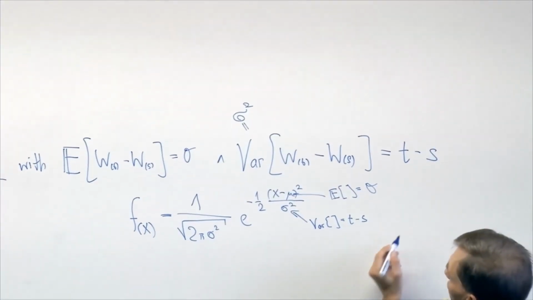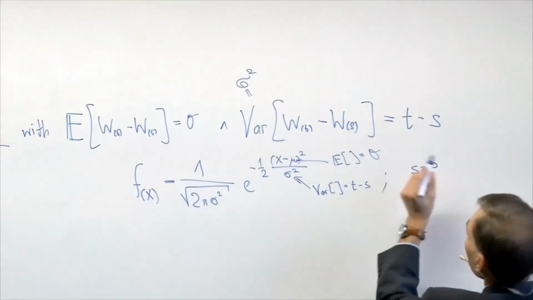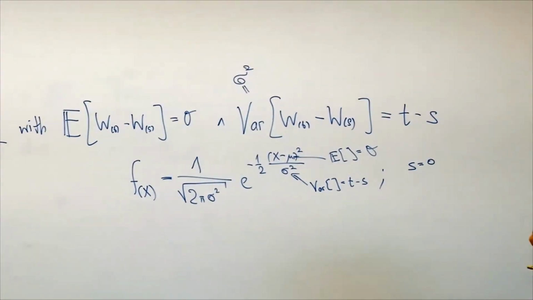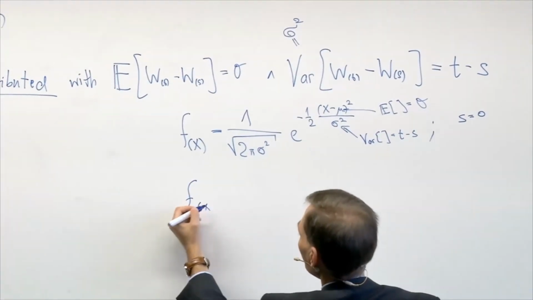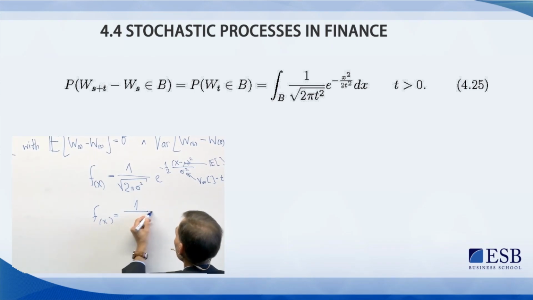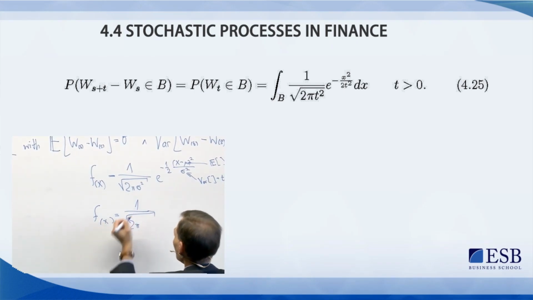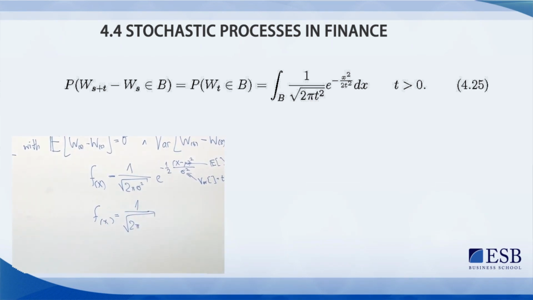So if I simplify this and say, well, let's say s, which is the starting point, is 0, then I can write down this density function for a Wiener process, and that is what you sometimes see in books. It's 1 over the square root of 2 pi sigma squared. For s equal to 0, well, that is obviously then t.